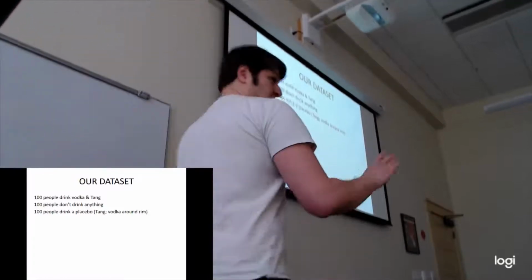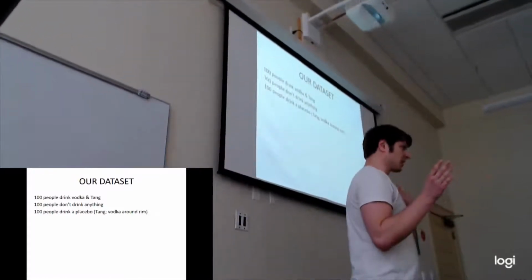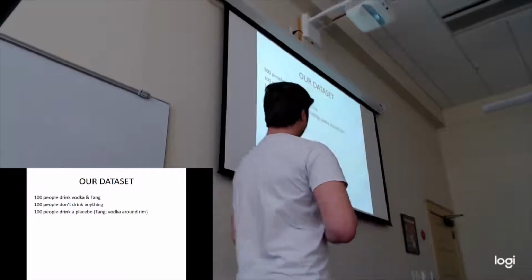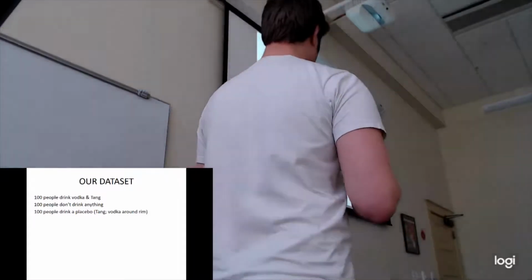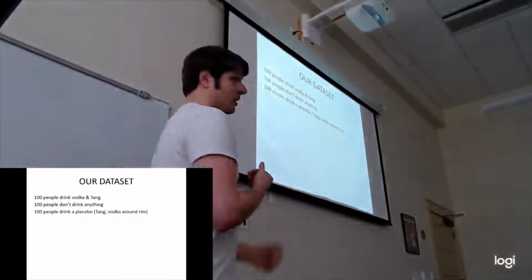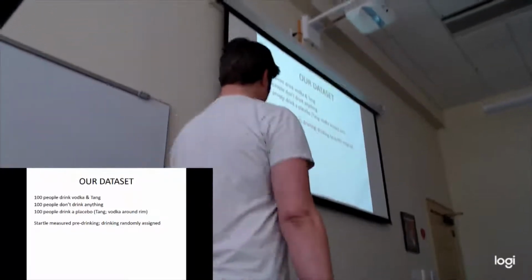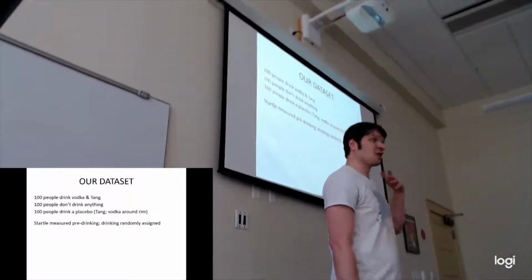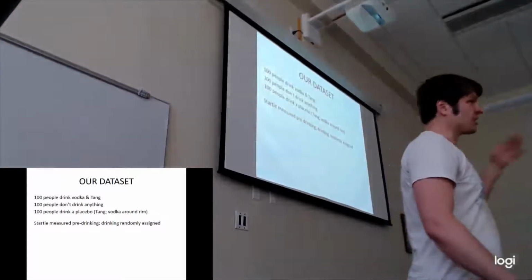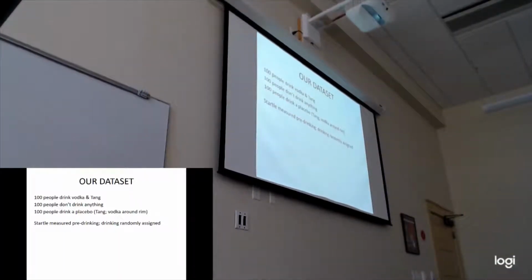So we're still going with this drinking and anxiety research design. We've still got 100 people each that either drink alcohol, don't drink anything, or drink a placebo. One thing that's changed is that for this research scenario, you can measure someone's startle response independent of any sort of drinking. We can basically blast some white noise at them, and that's what you do to evoke startle.